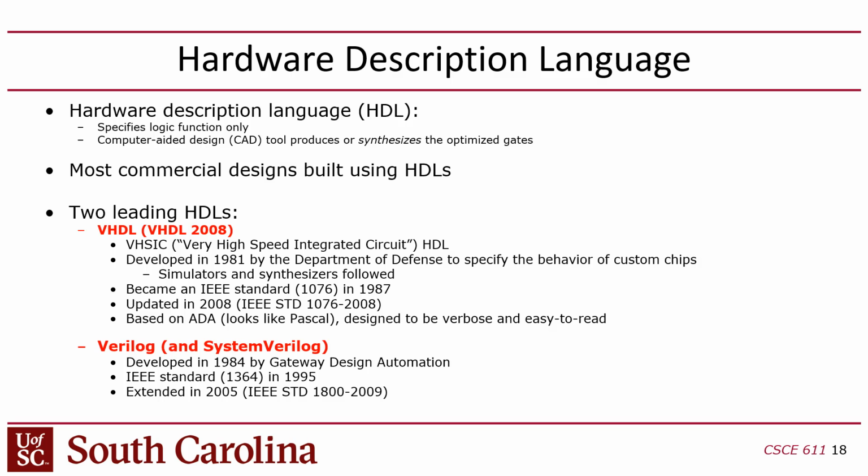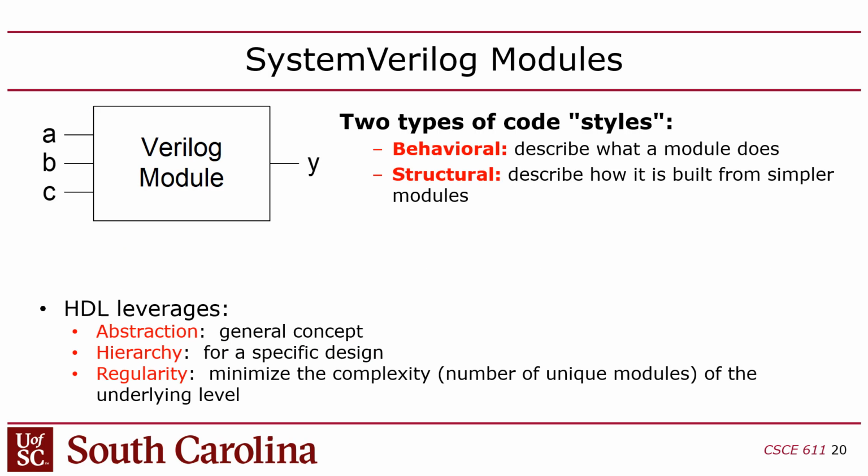And SystemVerilog fixed a lot of the annoying things about Verilog. So now we use SystemVerilog. SystemVerilog is like C++ versus C, right? It's a superset of Verilog. Everything that works in Verilog works in SystemVerilog, right? But SystemVerilog has some stuff that you can put in that doesn't work in Verilog, right? Okay. But once you know one, it's pretty easy to learn the other.